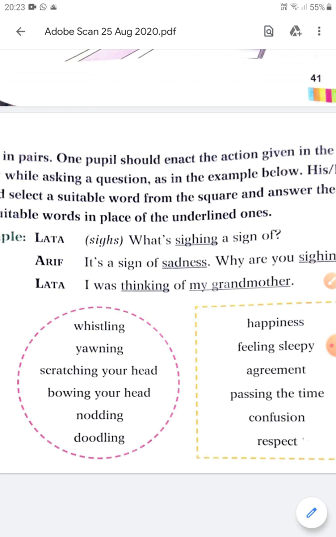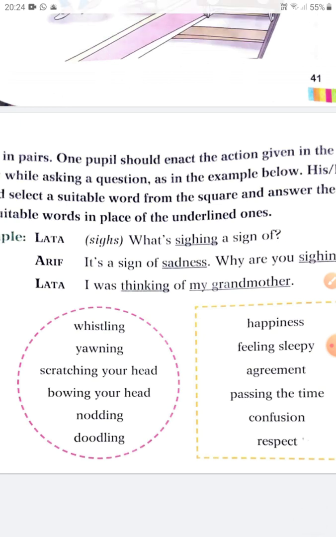When somebody is sad, oh. So this is sighing. So he says it's a sign of sadness. Why are you sighing? Lata says, I was thinking of my grandmother. Means हो सकता है उसकी grandmother is already dead. So she's thinking about her grandmother and so she's feeling sad.